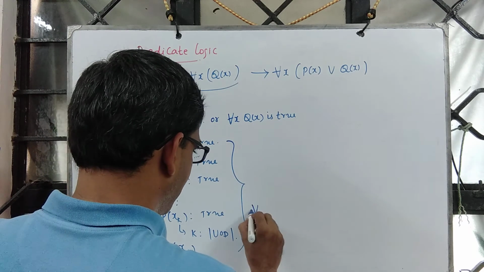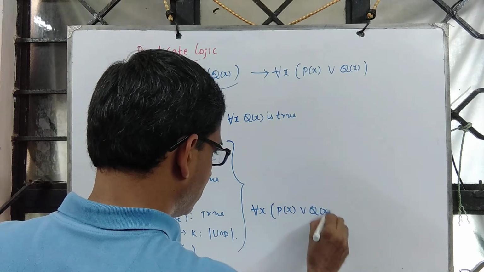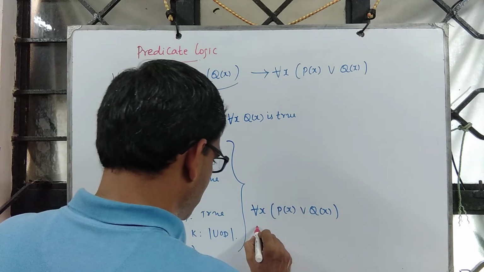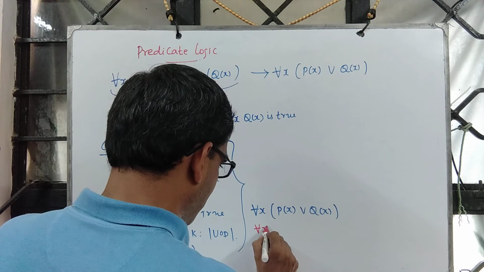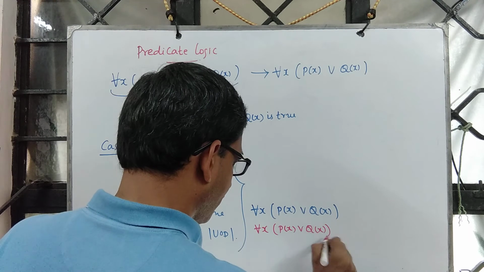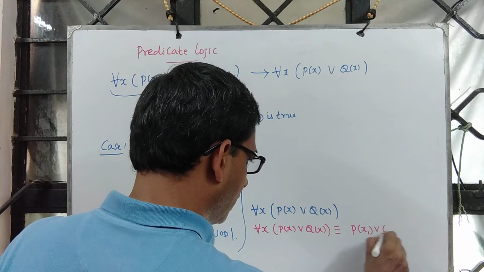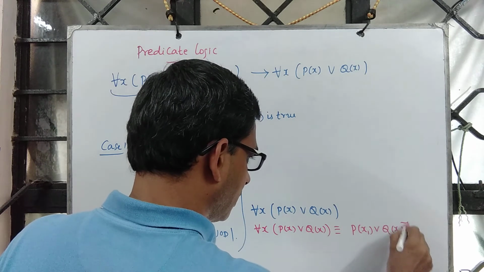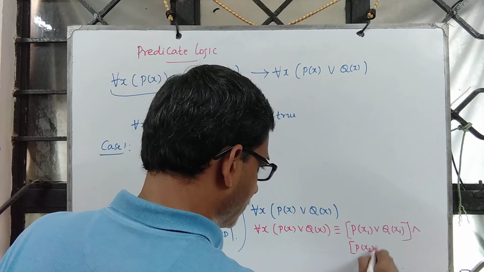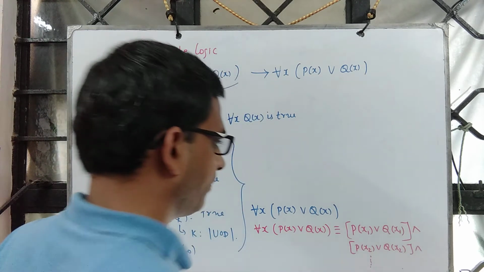Since it is true for each of them, now from this I can write for each of them it is p of x or q of x. So it is true for x1. So look at this. For all x, p of x or q of x is equivalent to writing p of x1 or q of x1, and p of x2 or q of x2, and then the next element, and so on.